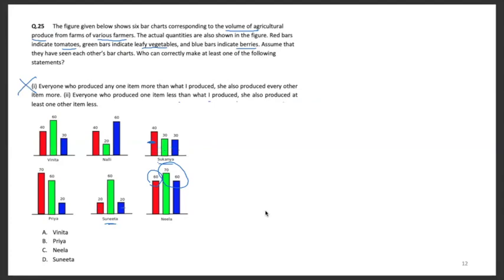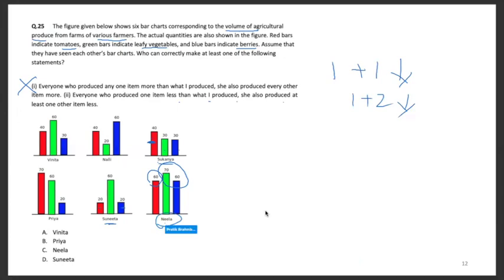So if one person is making the claim about anyone producing one item less, then there is also another item less, or another two items less, for that same person, because it says one or less items. So either all three have to be less or two of them have to be less. That's where I'm going to start with Neela because she has the maximum.